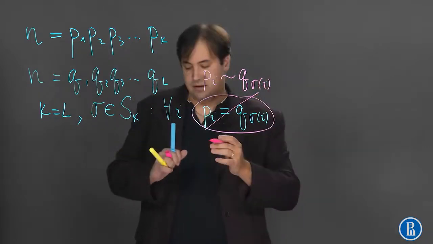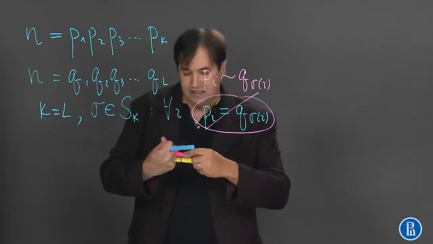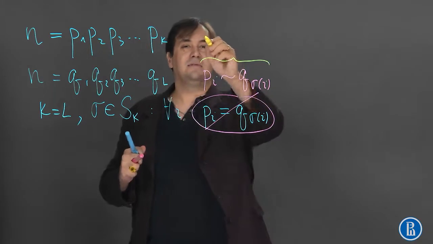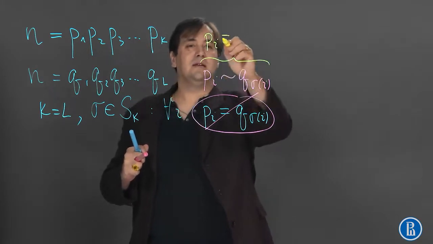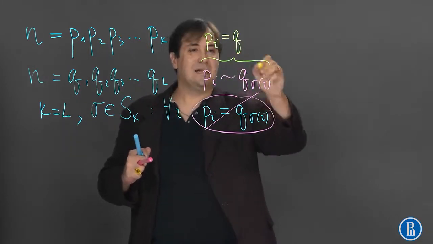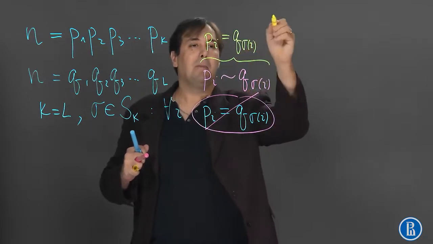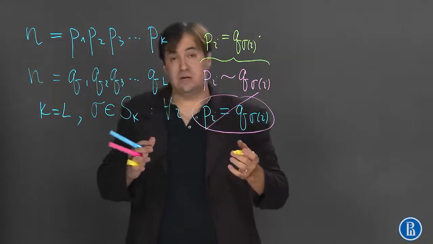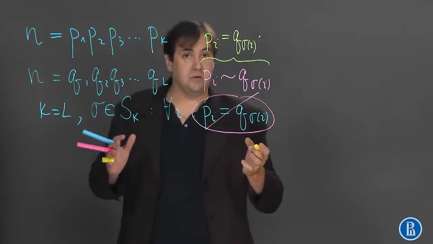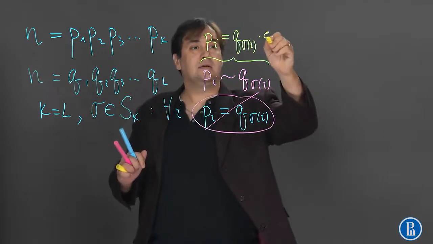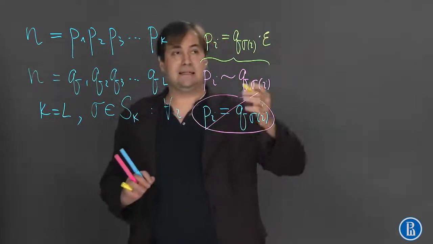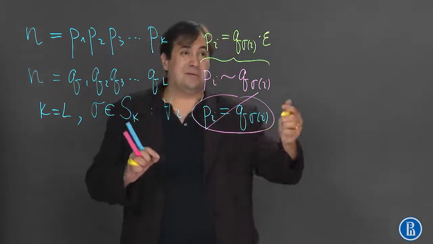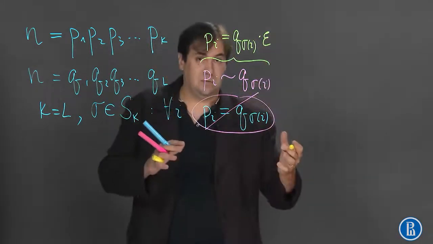I remind you that being associated means that pi is equal to this element here multiplied by some reversible element, or we call them sometimes unity or units, which means an element such that there is another element which multiplied by this epsilon gives 1.